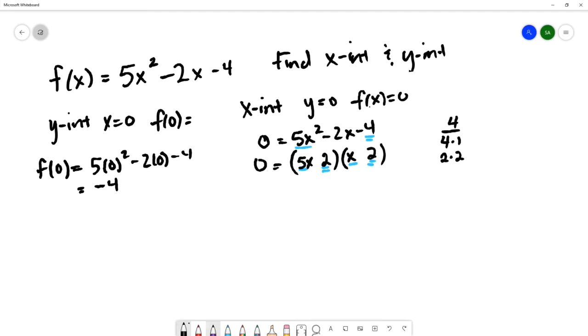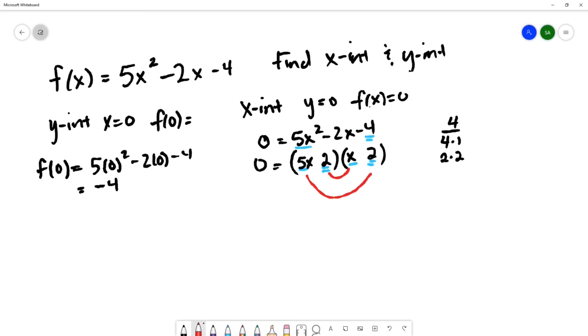And the method I'm using for factoring is called the guess and check method or the trial and error method. So I'm trying this factor pair and I'm going to multiply it out to see if it works. I'm going to multiply the inside two terms and the outside two terms because I've pretty much guaranteed that the first and the last term will be correct.